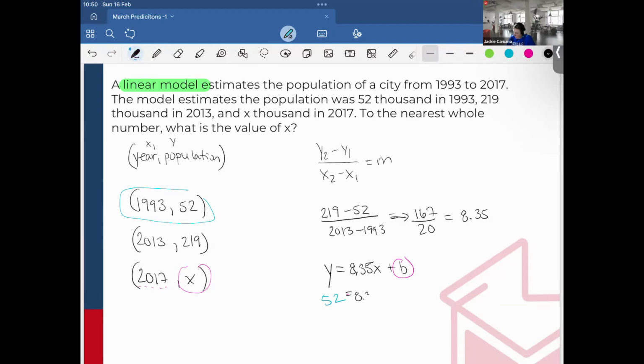So 8.35 times 1993 plus b, and let us see 8.35 times 1993, which gives me that b is equal to negative 16,589.55.